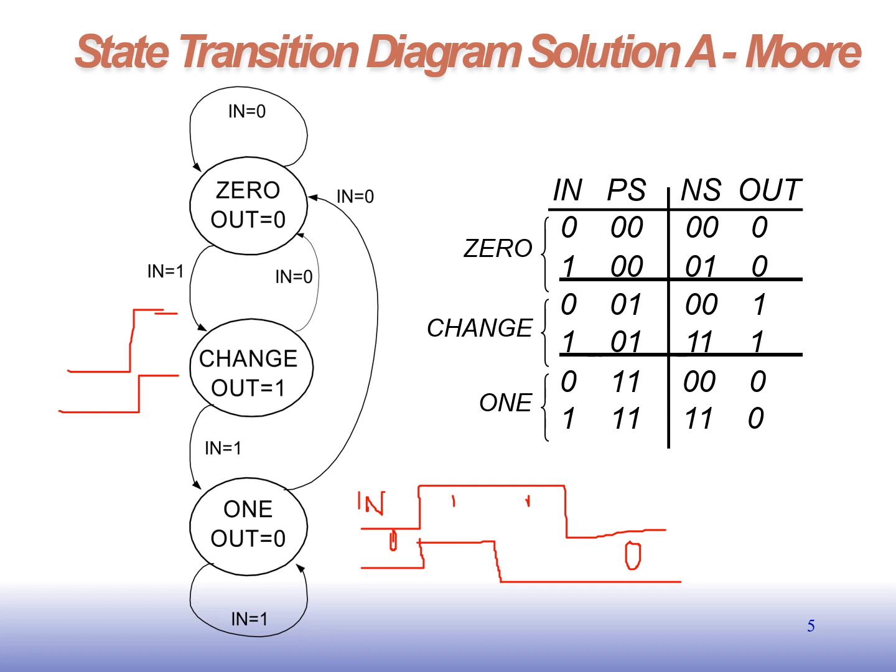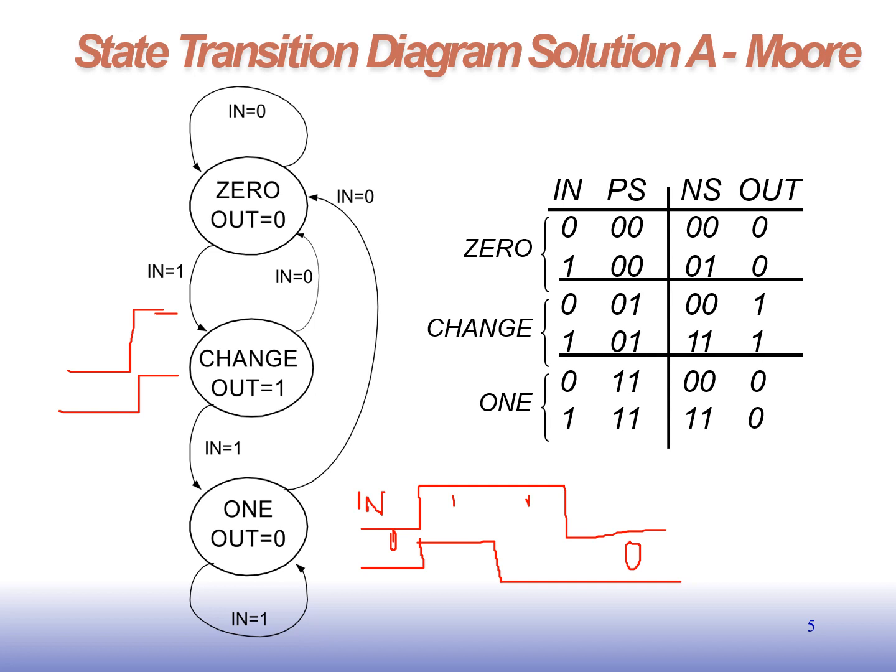Similarly, if the input is 1, the state is 0, 1 during this state. Okay, so what is the next state? Next state it will go to 1, 1. So the output is 1. Similarly, if you come to this condition, if the input is 1, the state is 1, 0, 1.